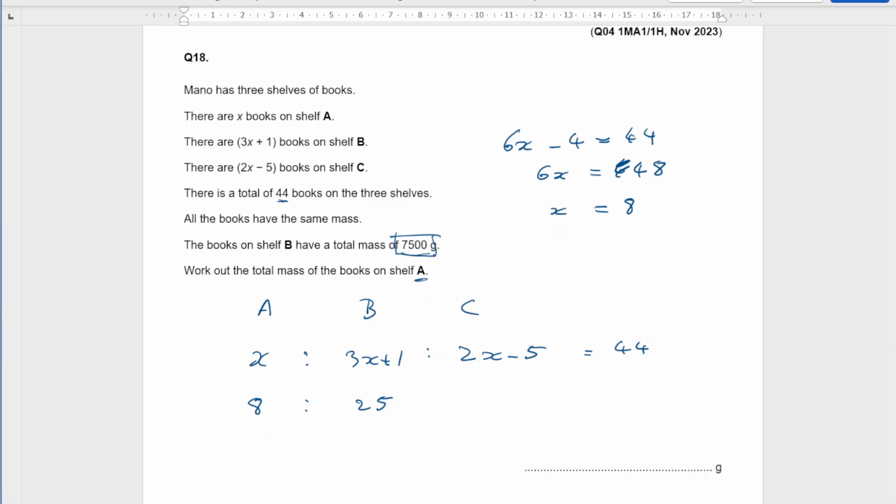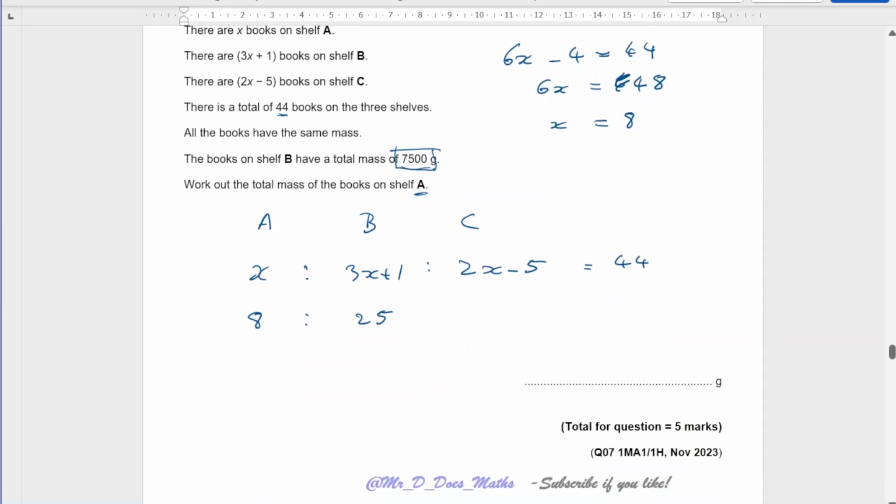So I don't need to worry about the number in C. I'm going to do 750 divided by 25. Well, that's going to be 30 grams for each book, so I need to do 8 times 30 grams, which is going to be 240. So 240 grams.